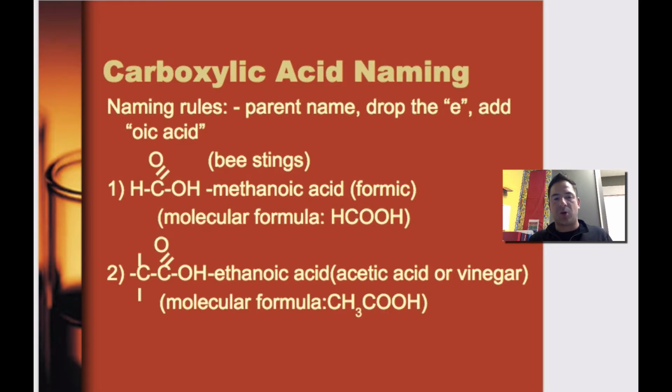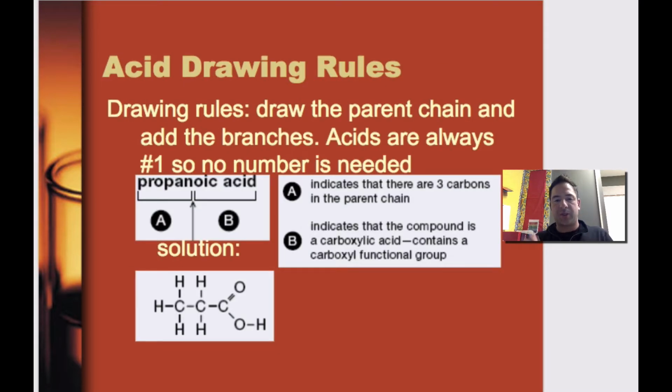So hopefully you can understand that. So some drawing rules here as well that we need to understand. So when I draw it, I want to make sure that I am looking at the parent chain. The first thing I want to do is draw my carbon chain. Then after that, I'm going to add this to the end. So if I recognize that it's oic acid, I know that this is exactly what I'm drawing on the end of the last carbon.